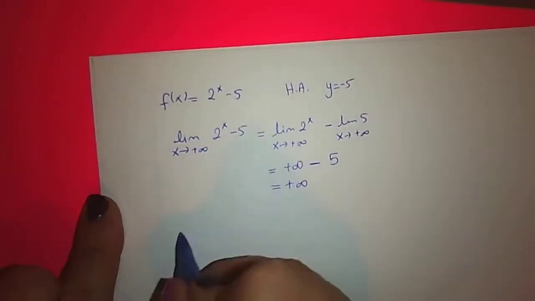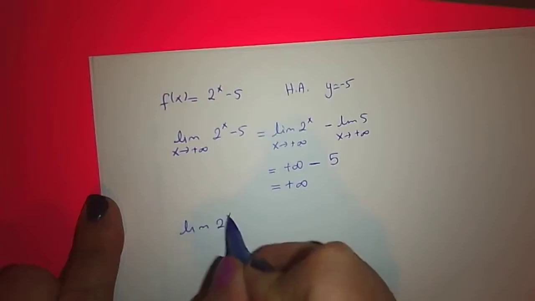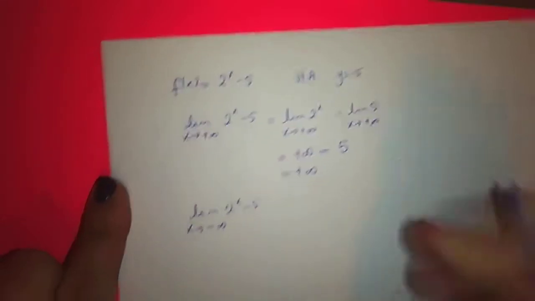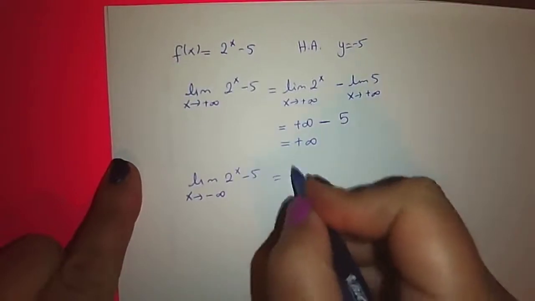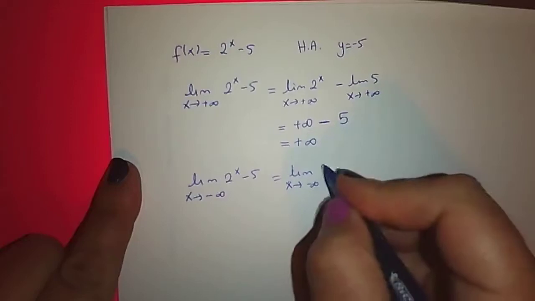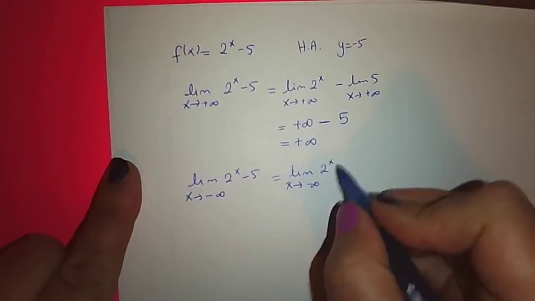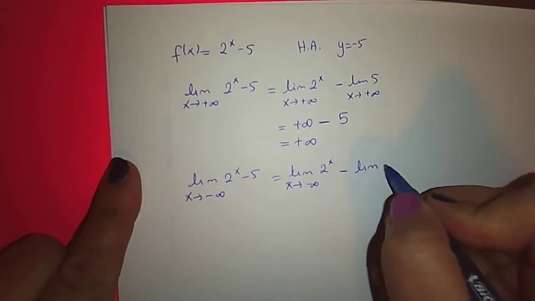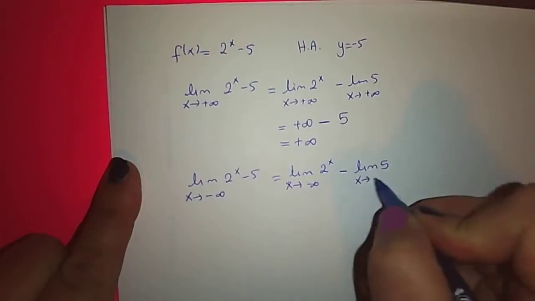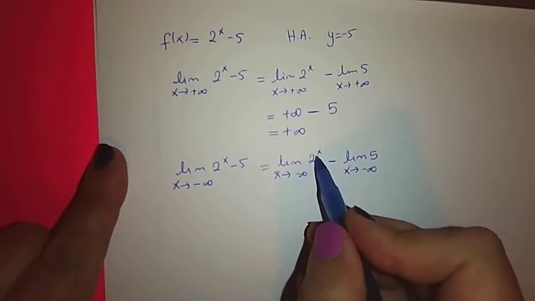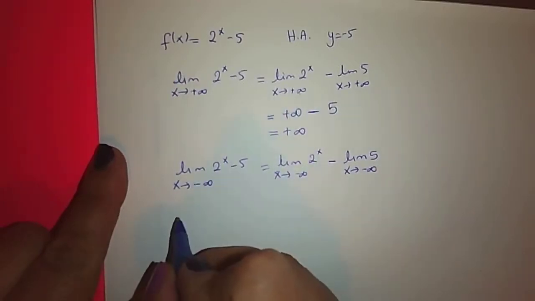So let's look at the limit of 2 to the power of x minus 5 as x approaches negative infinity. Again, using the properties, we can separate these two terms and say the limit of 2 to the x as x approaches negative infinity minus the limit of 5 as x approaches negative infinity. Now we are going to substitute negative infinity for the exponent.